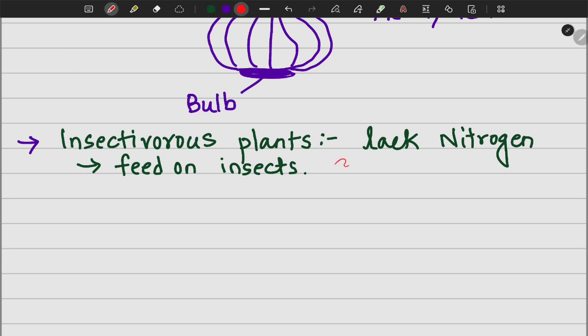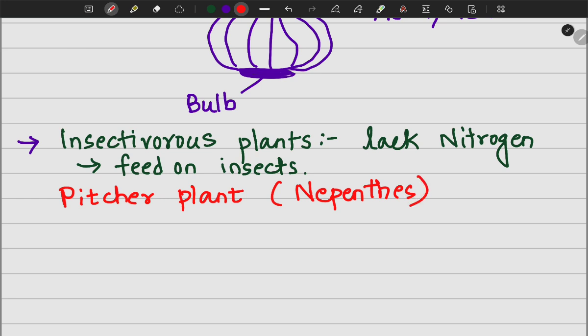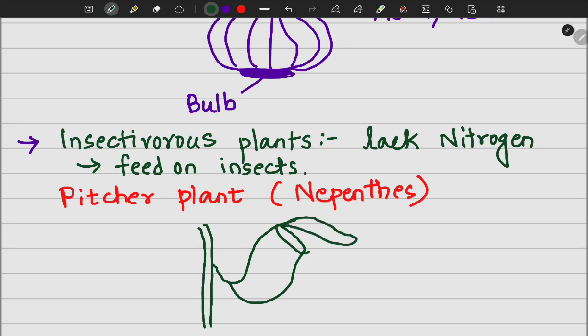So you must have heard about the pitcher plant. You must have also seen photos and videos of pitcher plant, which is also called Nepenthes. In pitcher plant, the leaves are modified and form a pitcher, a structure somewhat like this. There will be a lid, right?